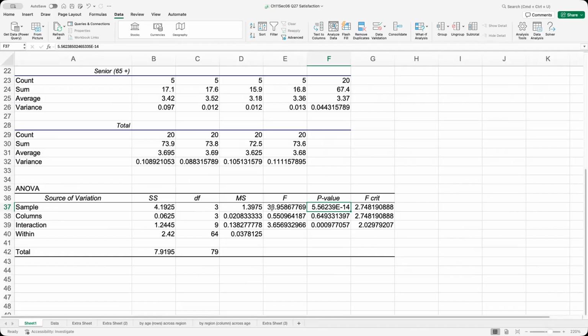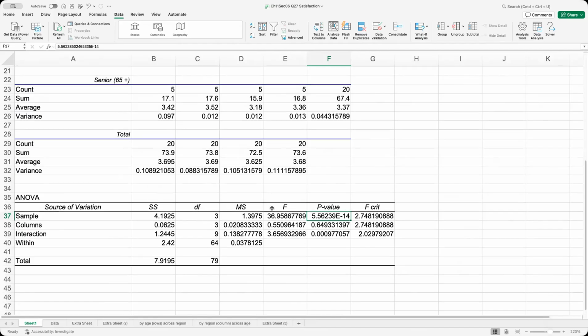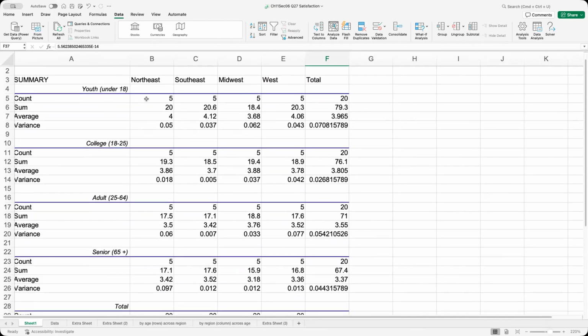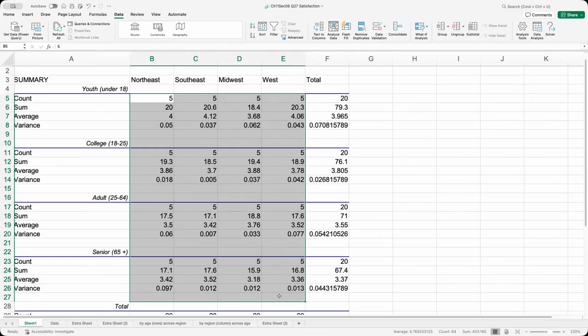I could go back and look at a heat map. I could say, let's color these 4x4 grid boxes up here. These are our actual individual regions, right? Youth in the Northeast, youth in the Southwest. Those are my 16 different possible combinations.